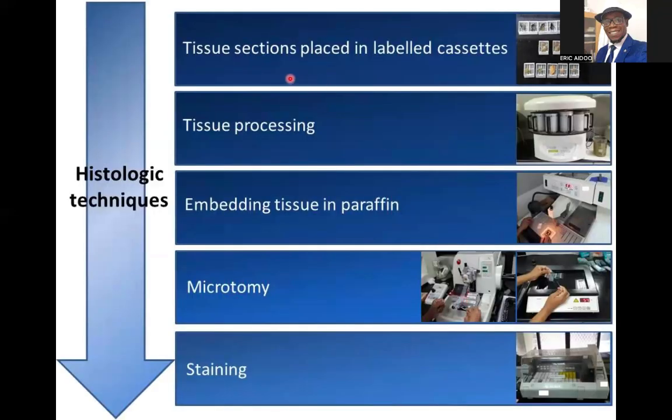So you have this summary: tissue sections placed in labeled cassettes like that, tissue processing in this automated tissue processor. So all these jars will contain solutions, okay, where the tissues will be put in them automatically per the time you have set.